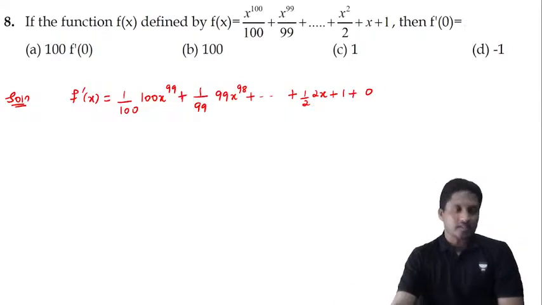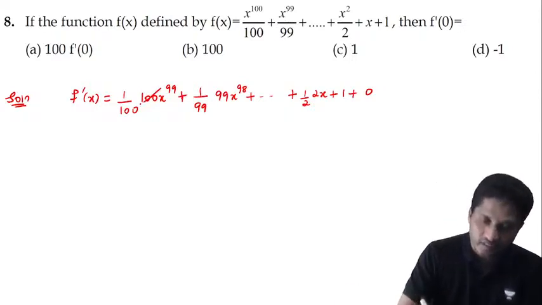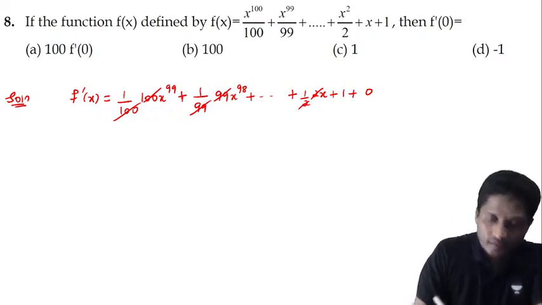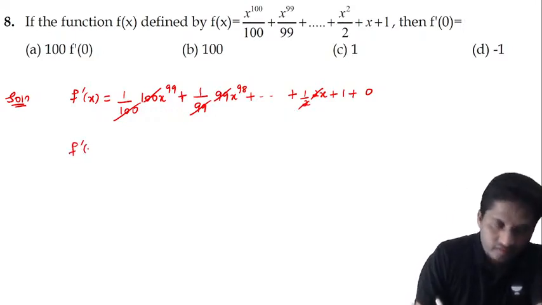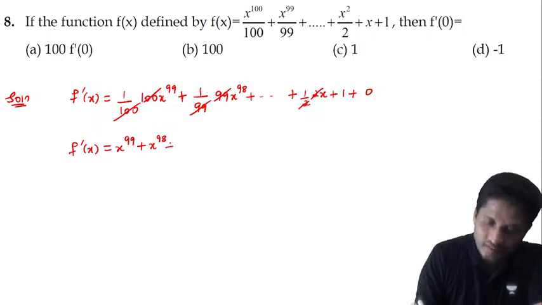I differentiated this. Cancel this 100, cancel this 99, cancel this. Now f dash of x is equal to x to the power of 99 plus x to the power of 98, and so on, plus x plus 1.